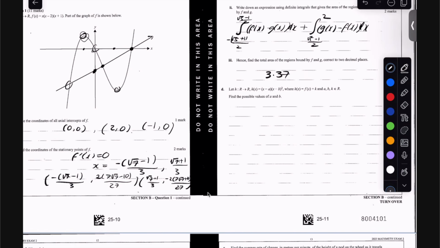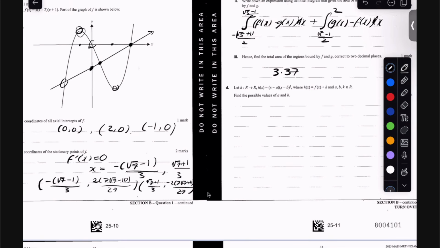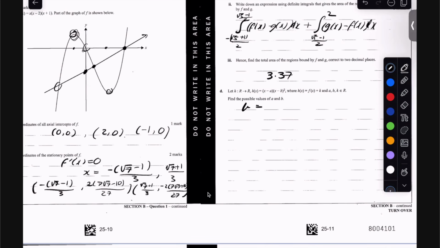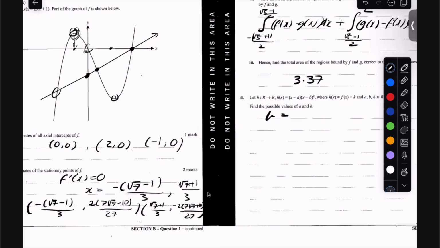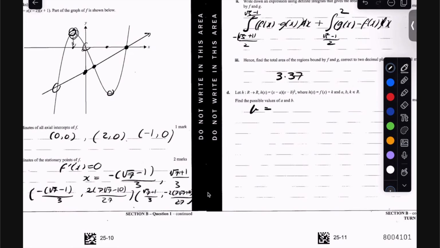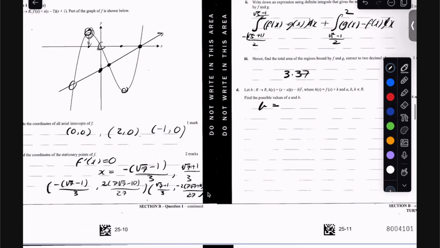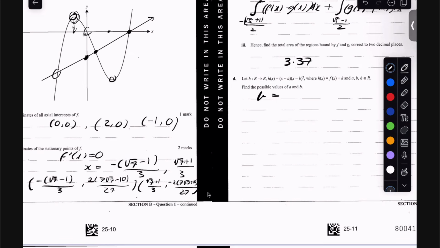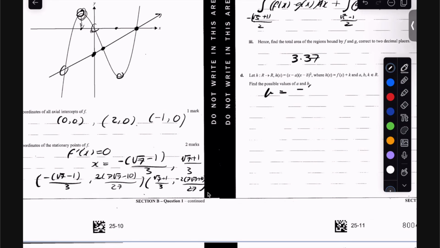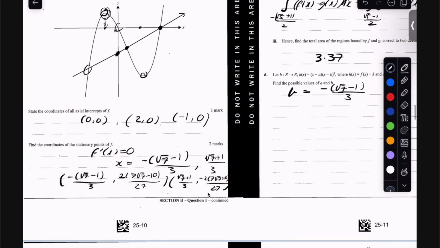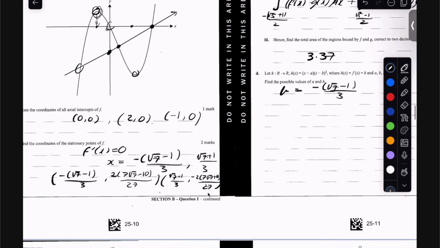Yeah, so we did find the stationary points, and so b can be when k is equal to, when we move the f(x) down, the negative. So b is equal to the x value, which was (-√7 - 1)/3, when we move that down, and we just need to figure out what that value of a would be in that case.